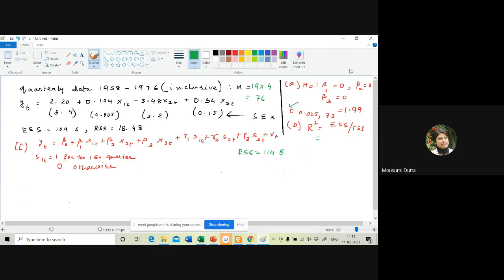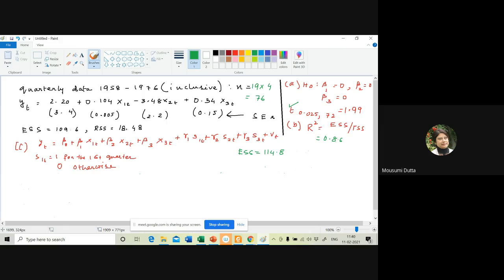Please write down: the given regression model can be presented as Yt equals beta naught plus beta 1 x1t plus beta 2 x2t plus beta 3 x3t plus gamma 1 s1t plus gamma 2 s2t plus gamma 3 s3t plus vt.